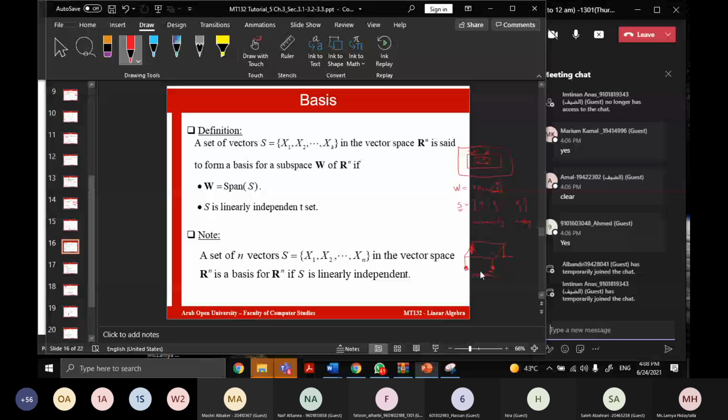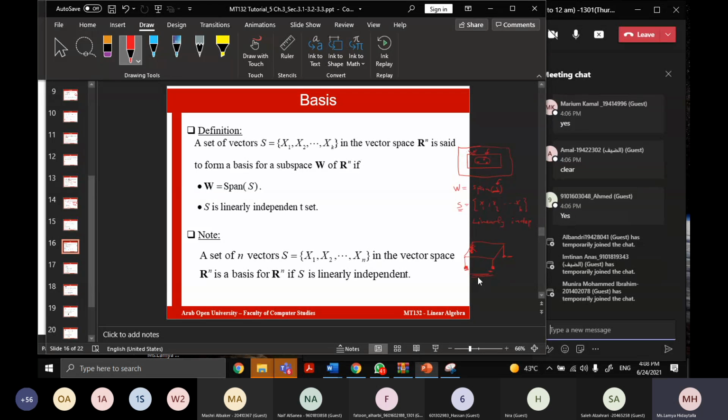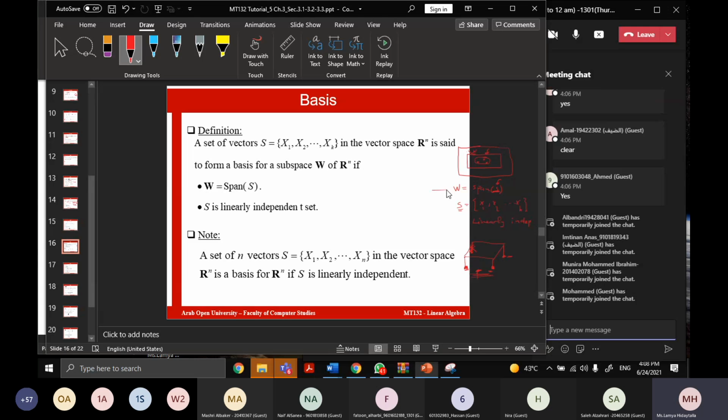So all of them are important. This is the basis for the table. What's the idea here? You cannot forget it now.